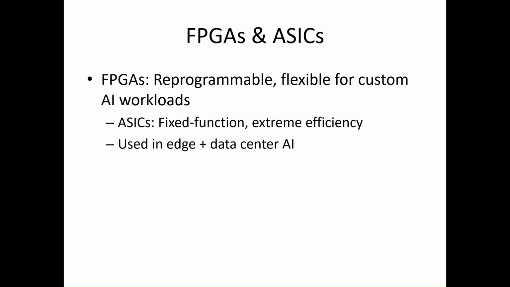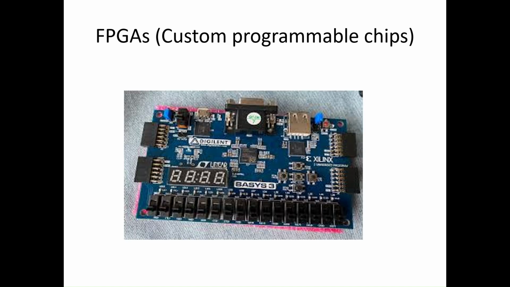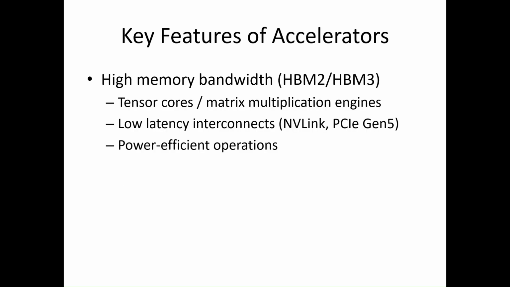You can implement a custom data path optimized for a model, customizing which operation happens and when. This is useful for some inference or specialized training tasks. An ASIC is for a fixed task and is extremely power efficient but lacks flexibility. Here the FPGA is the customer-programmable chip. It is the picture of the FPGA.